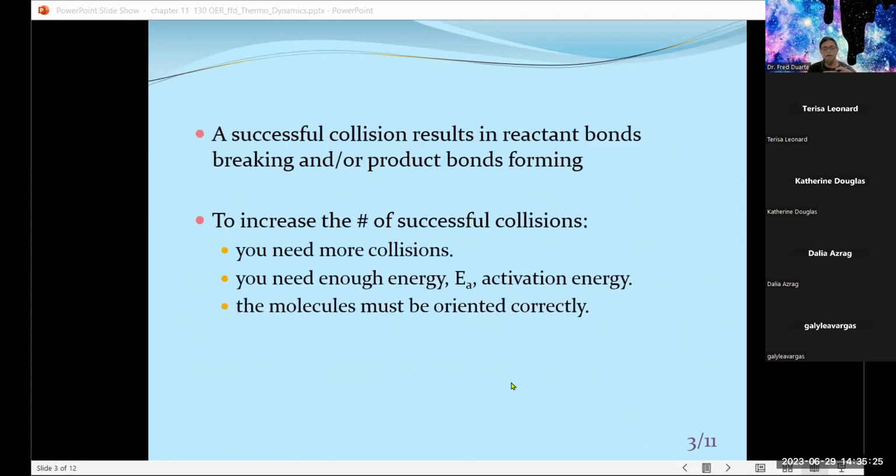What can we do with the orientation? Well, we're going to talk about that a little bit: we can put things in there called catalysts. A catalyst does help occasionally. A catalyst is something that we put into a reaction that in itself does not have a direct effect as far as interacting with the reactants, but it may reduce the energy of activation, meaning the energy requirement is now lower, or it may put the reactants together so the orientation is correct, so they can get their products made.